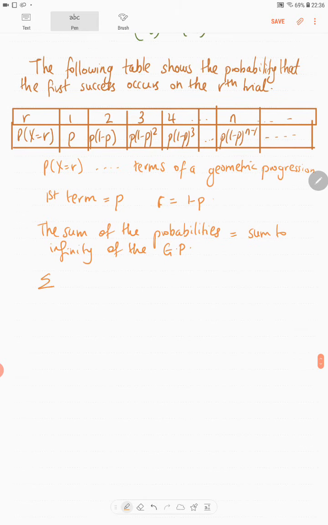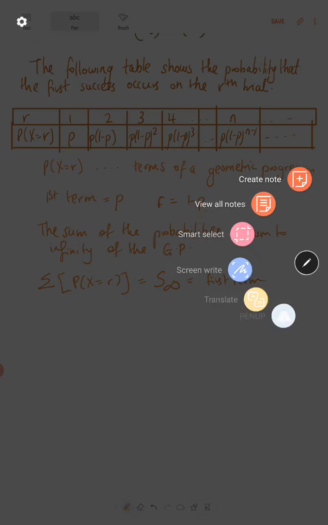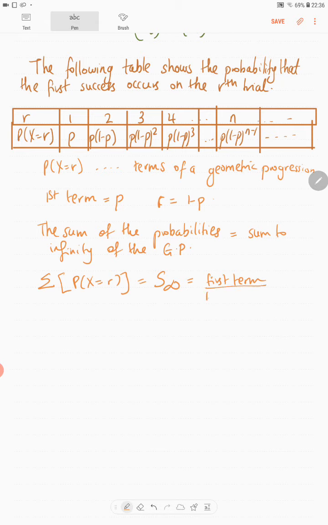So the sum of all probabilities, which we write as summation of probability capital X is equal to small r, will be equal to the sum to infinity, and the sum to infinity is the first term, that is a, divided by 1 minus r, that is 1 minus the common ratio.